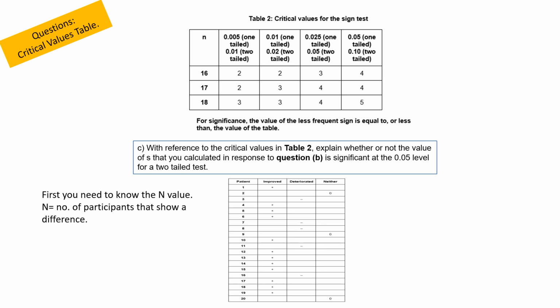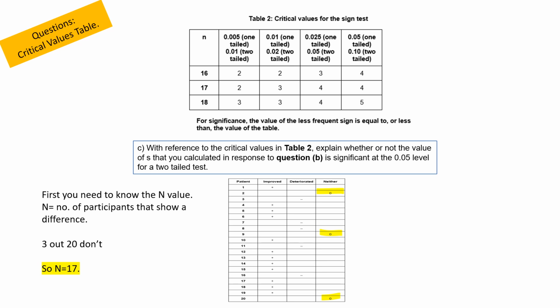Now we can see that there are 3 out of 20 participants that show no difference. So our N value is 17 because we take 3 away from 20 to give us 17 as our N value.